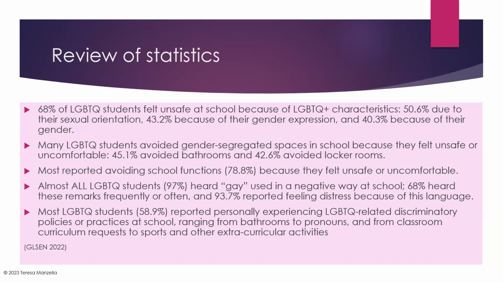And one thing I want to point out too is that about 81% of queer students report experiencing some form of bullying or harassment that gets to a physically violent stage, and about half of that is happening at home.